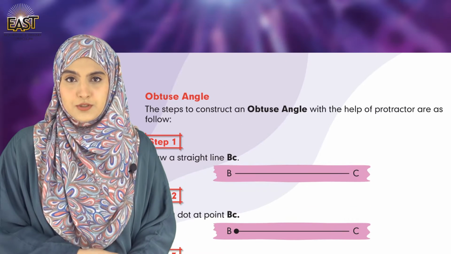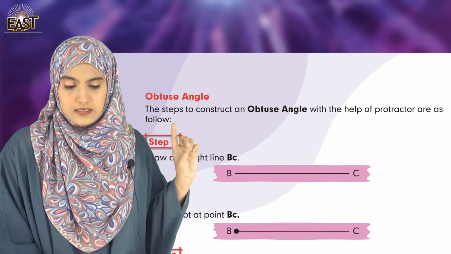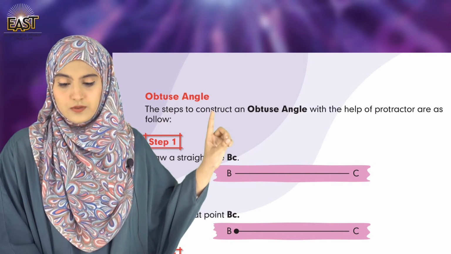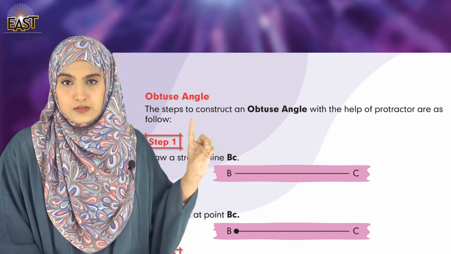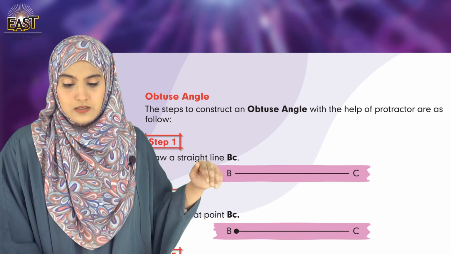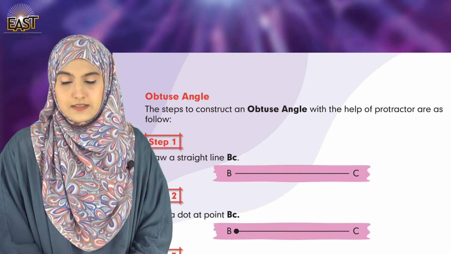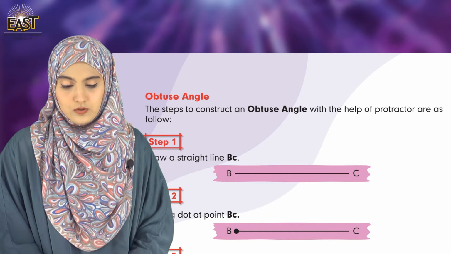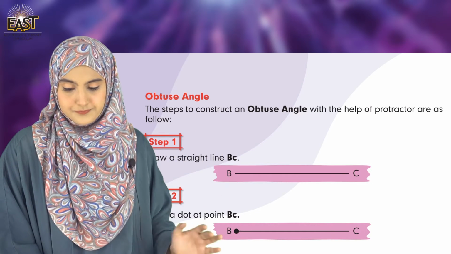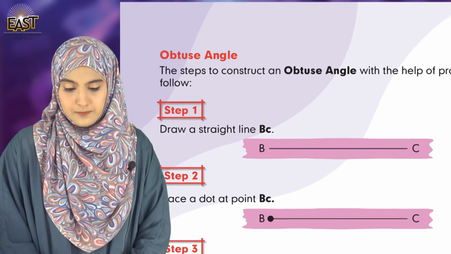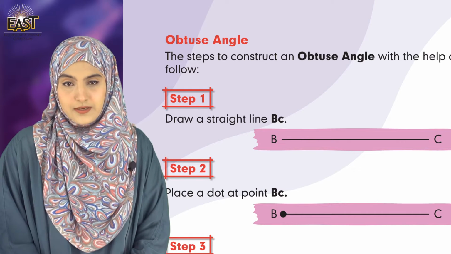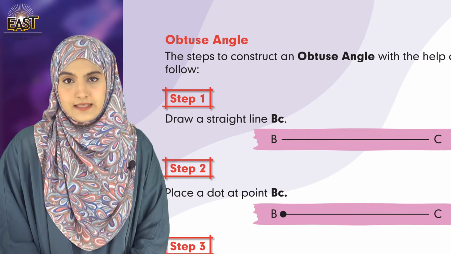Okay, obtuse angles. The steps to construct an obtuse angle with the help of a protractor are as follows. They are given here. Step number 1, draw a straight line BC.